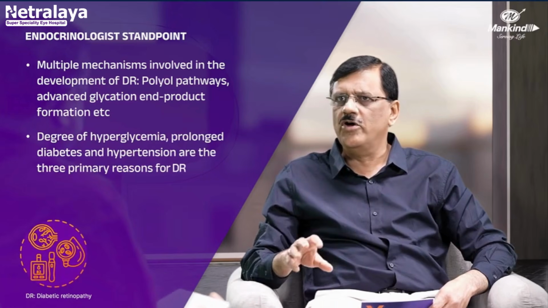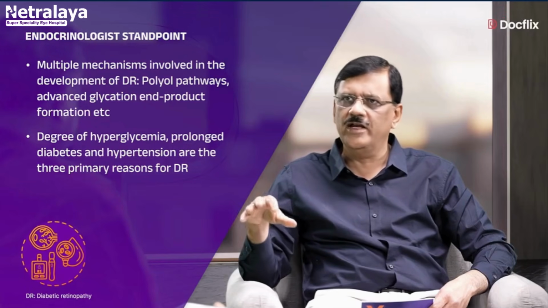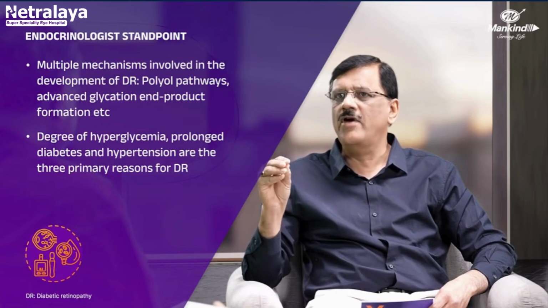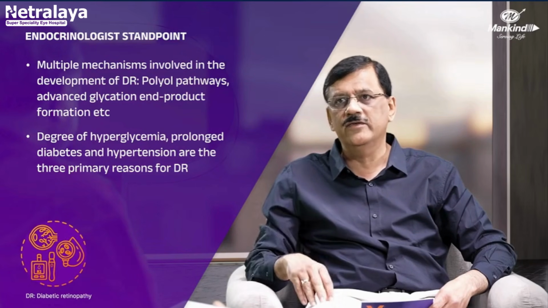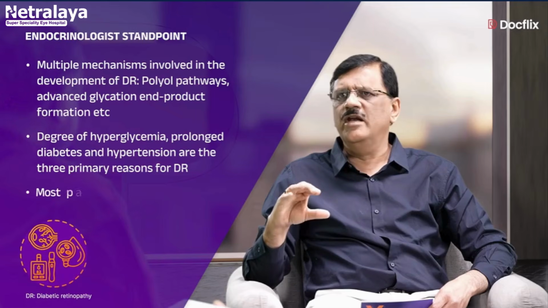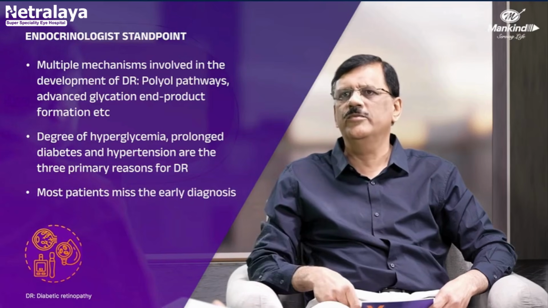The second most important thing is the duration of diabetes. Sometimes longer duration of diabetes, even when controlled, can lead to retinopathy. And third, the presence of hypertension in a person with diabetes definitely increases the risk of retinopathy. So these three mechanisms are there. Unfortunately, most of the patients miss the early diagnosis, and that's why they end up with problems.